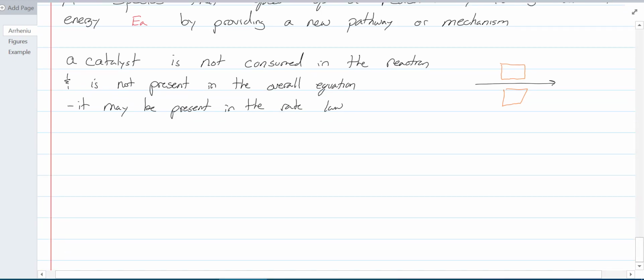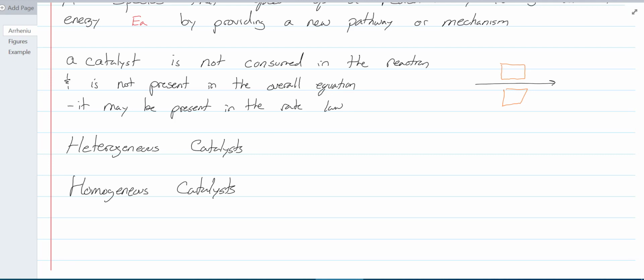There are two types of catalysts: heterogeneous and homogeneous catalysts. Heterogeneous catalysts are in a different phase than the reactants. Spell reactants correctly, that always helps.